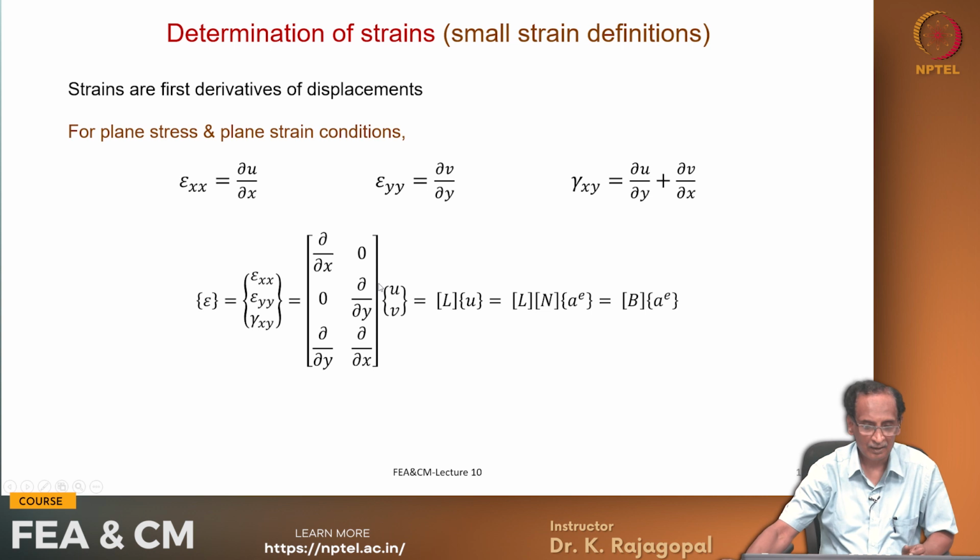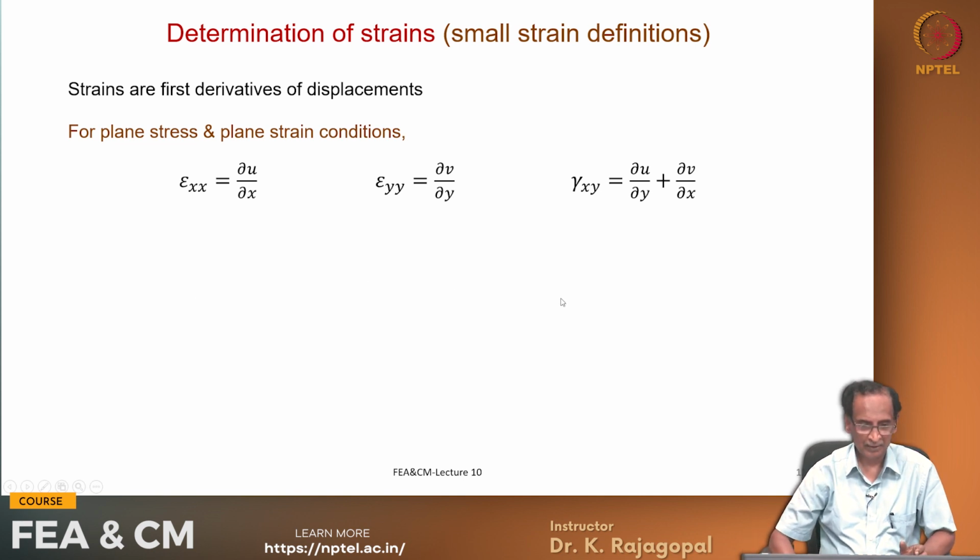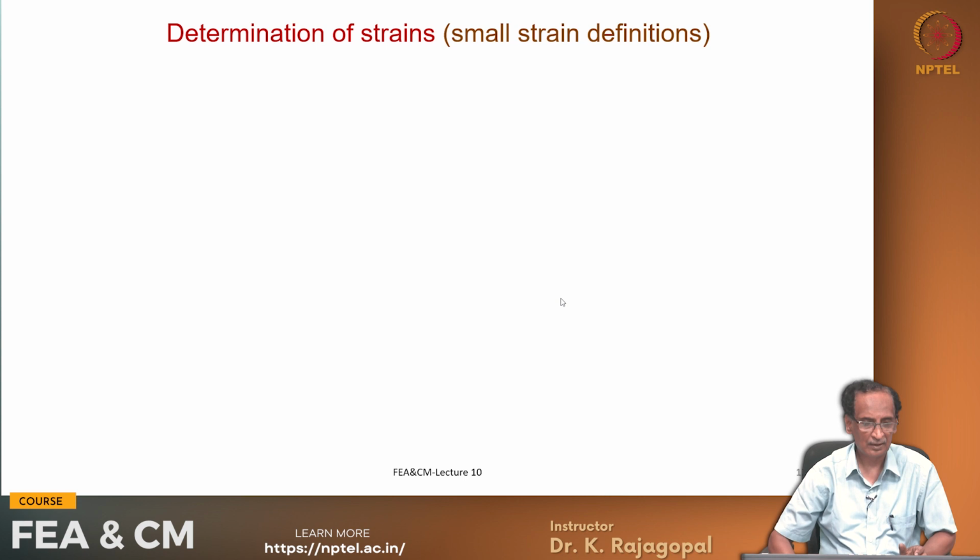Okay. And this matrix we can write as L, that is the matrix of the linear operators, times u, and our u is actually N times AE. We have already expressed that in the previous step.